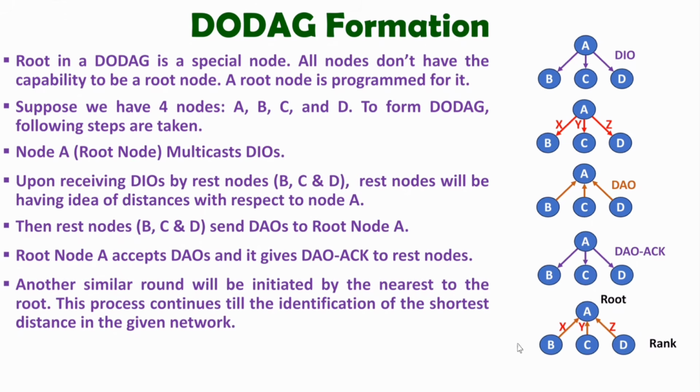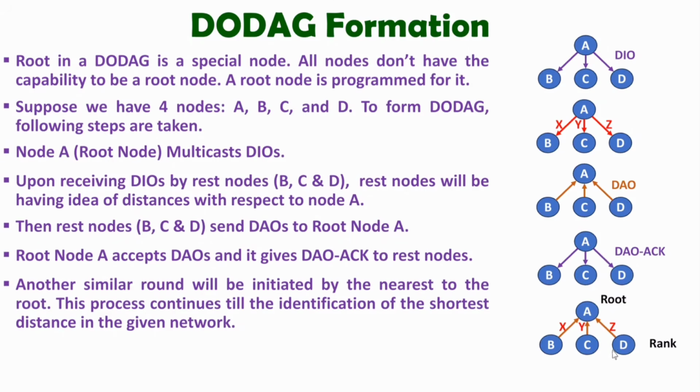And see, this repetition will happen with respect to the nearest to the root. If I say in this network node B is nearest to A, then again node B will be forwarding DIO to A, C and D, right? And then these A, C and D will forward DAOs to B, and then acknowledgement will be given.